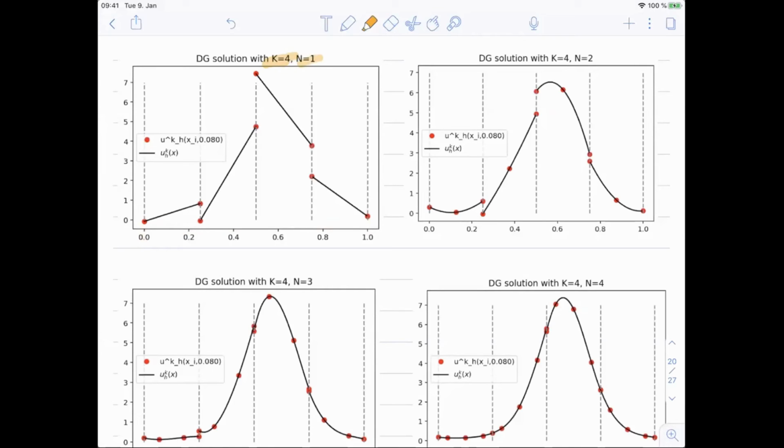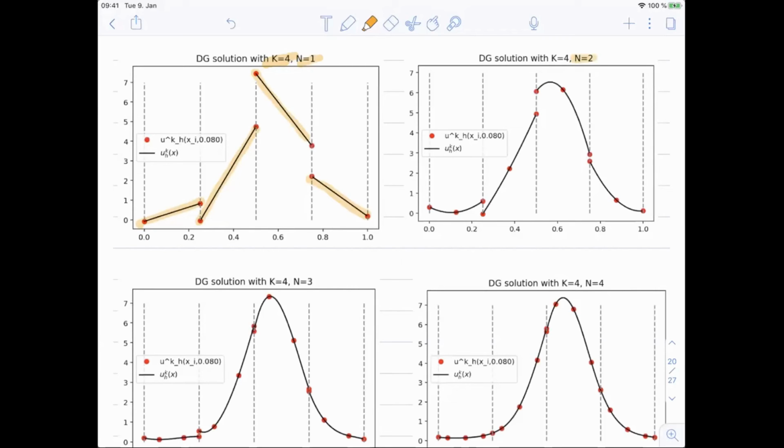So in each element, my solution is represented by just a straight line. And it will look something like this. The word discontinuous comes into discontinuous Galerkin because one is not even forcing the solution to be continuous. It will literally be discontinuous pieces.